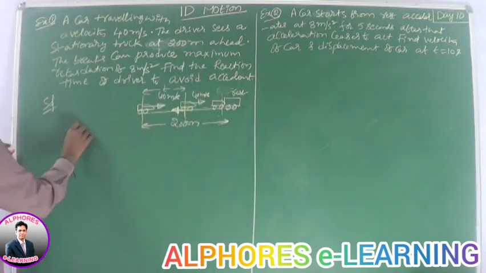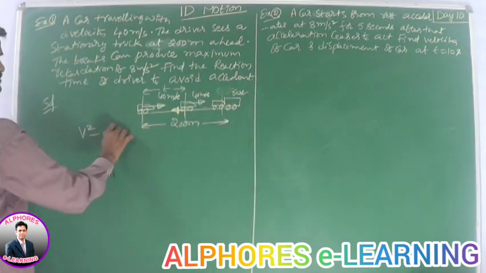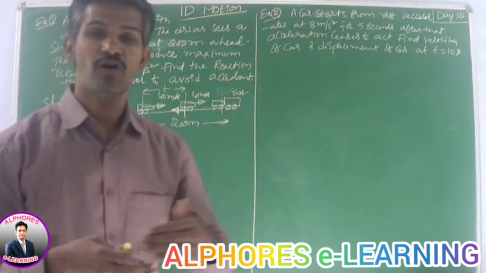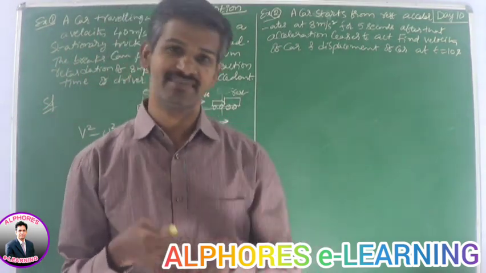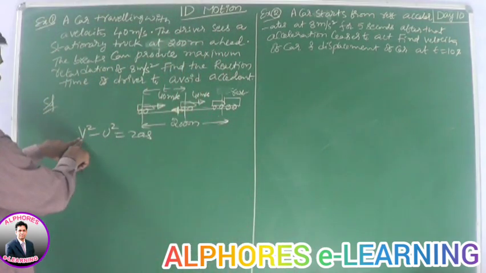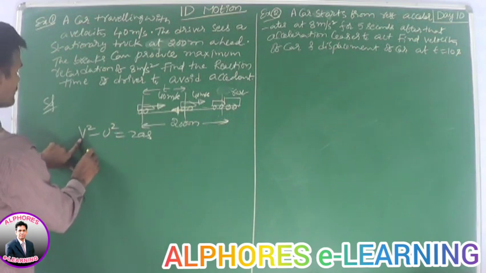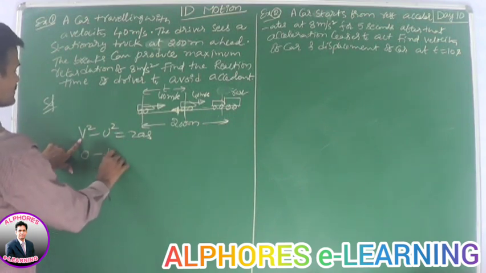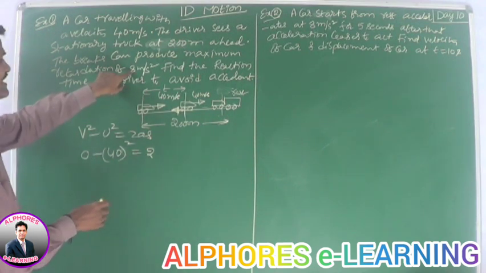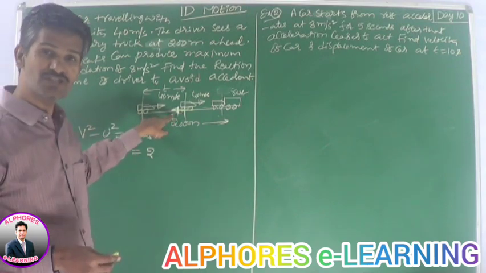By using the equation v squared minus u squared is equal to 2as, I can calculate the stopping distance after applying the brakes. For this, v, the final speed of the car, is 0. The initial speed of the car is 40 meters per second, and this is into 2. This is retardation. Retardation is opposite to velocity.